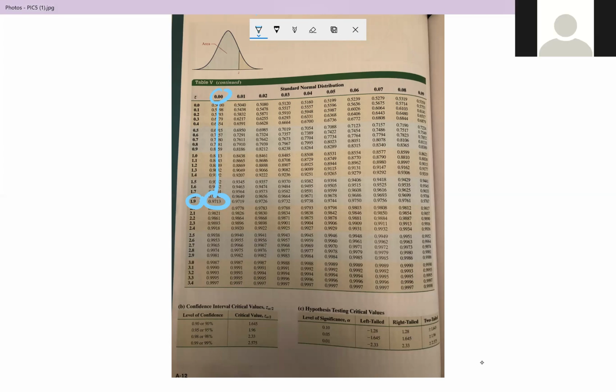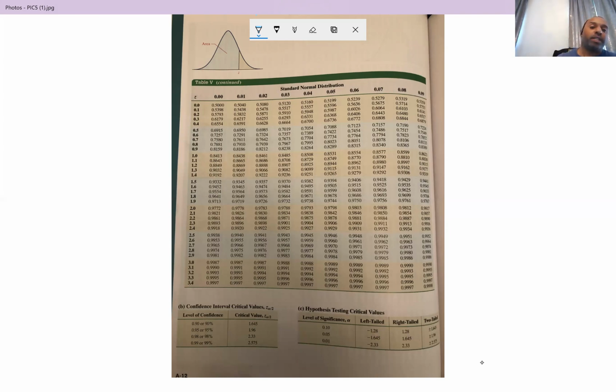Okay, so I don't understand how you got the 0. Is that because you went 2 over to the right? Is that why you used that? Well, you gave me the values of 1 and 1.9, right? Yes, I did. So your z-scores are always going to be to 2 decimal places.